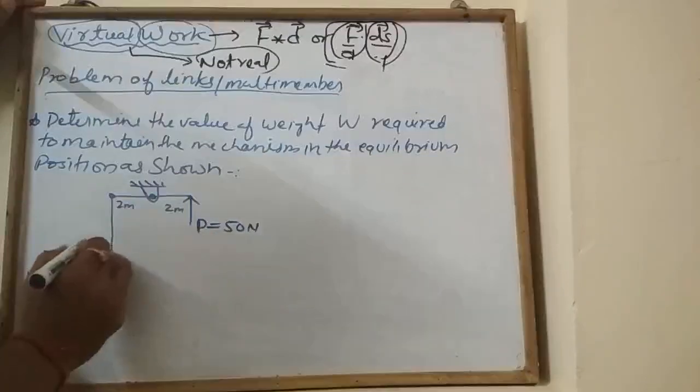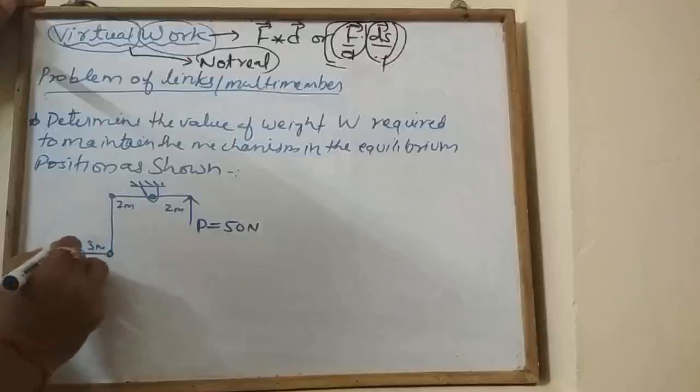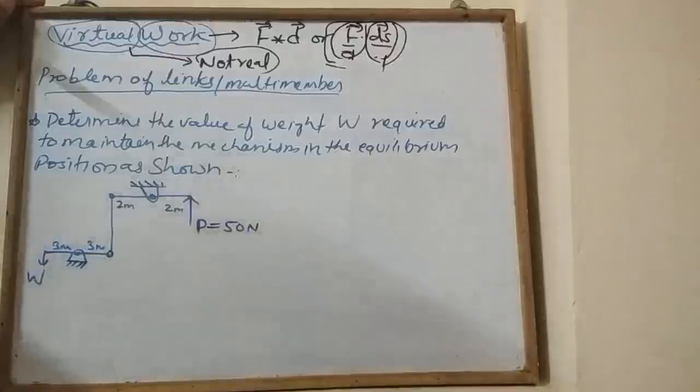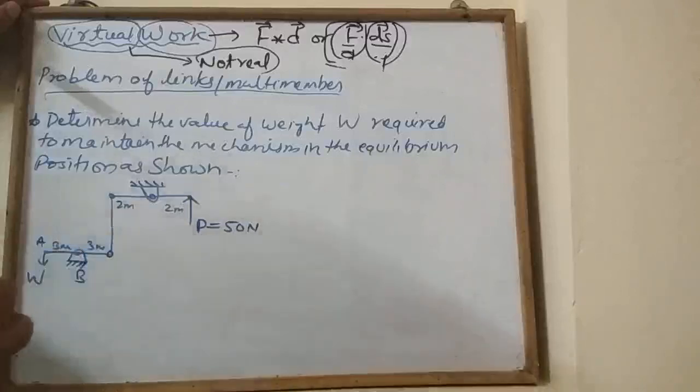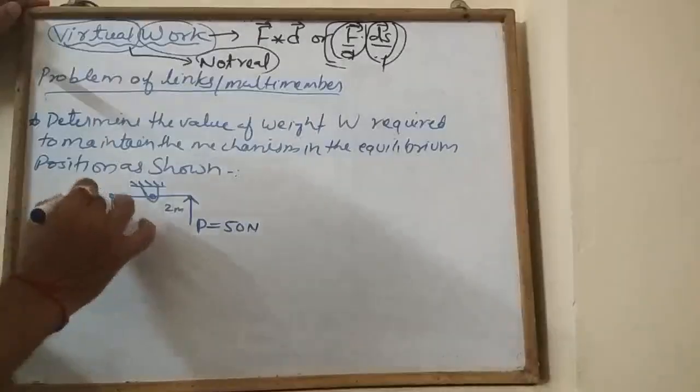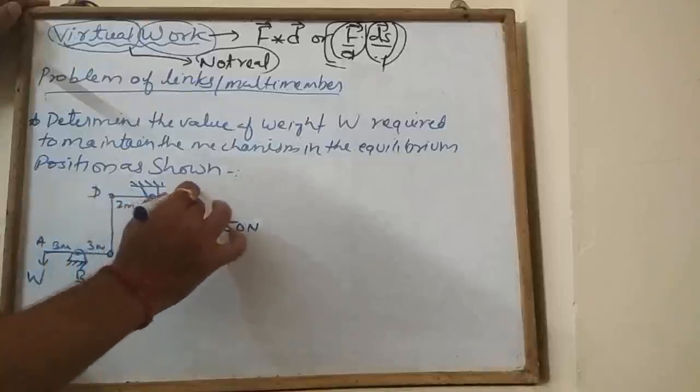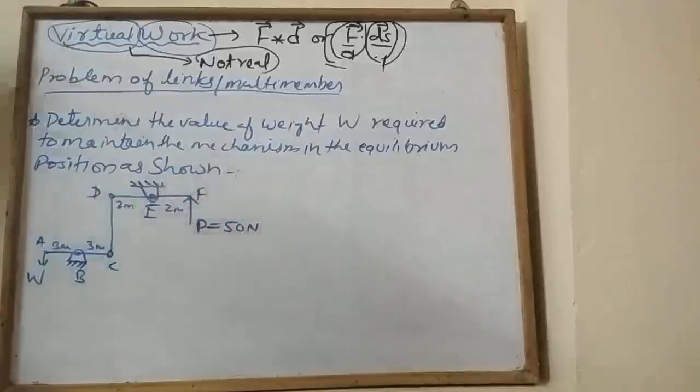Two meter, 3 meter, and this is A, this is B, this is C, D, E, F. Okay.